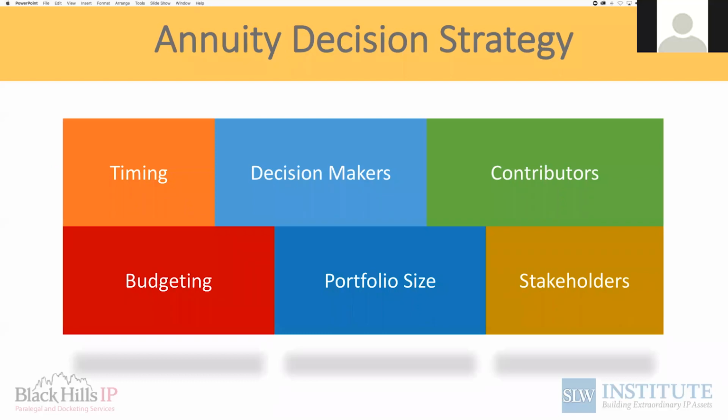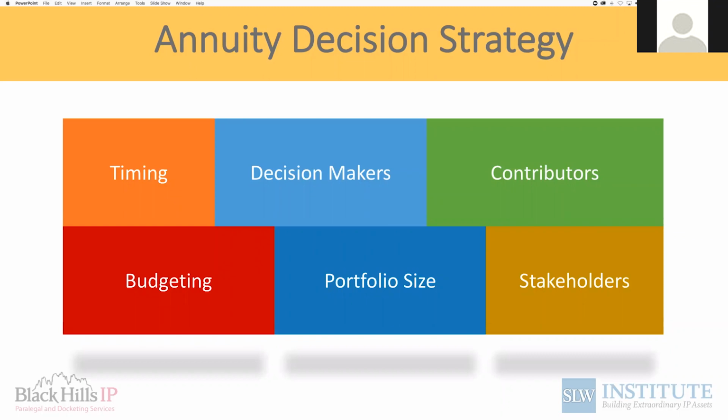So first, we're going to start talking about patent annuity decision strategy. There's countless ways that companies and patent owners make annuity decisions, whether that be continuously as the annuities come up, or in monthly batches, quarterly batches, even yearly batches.